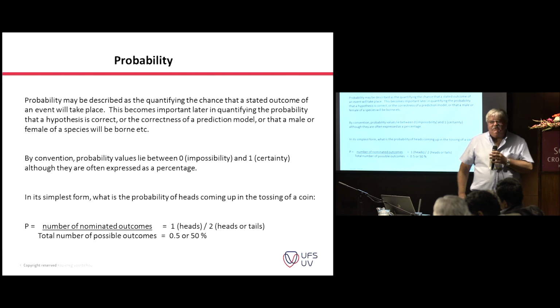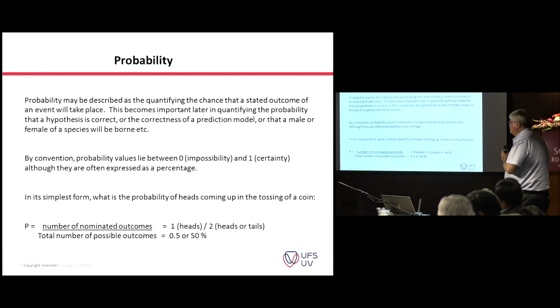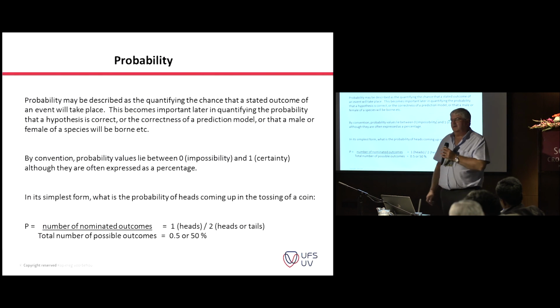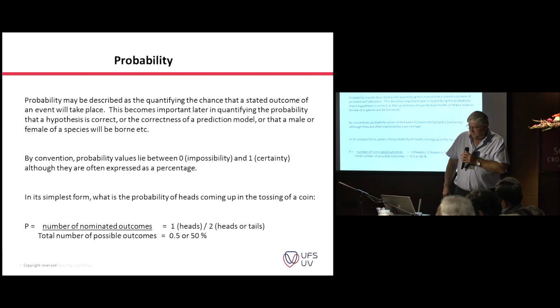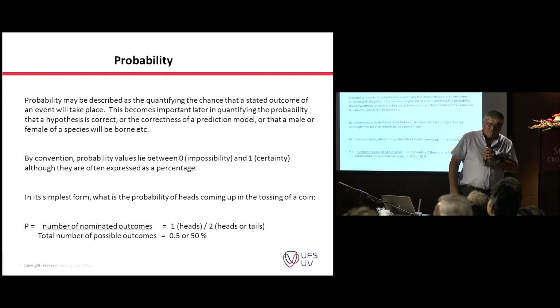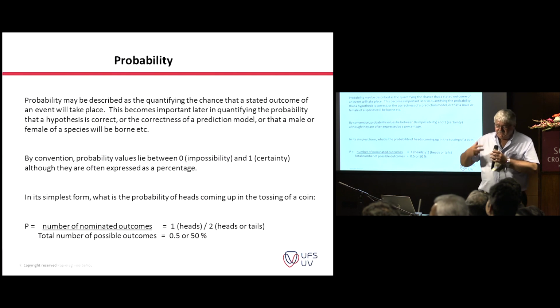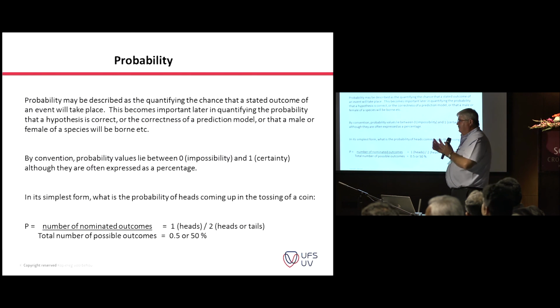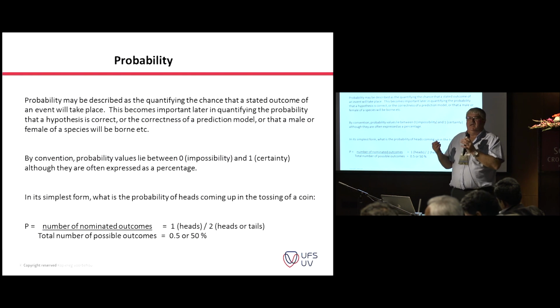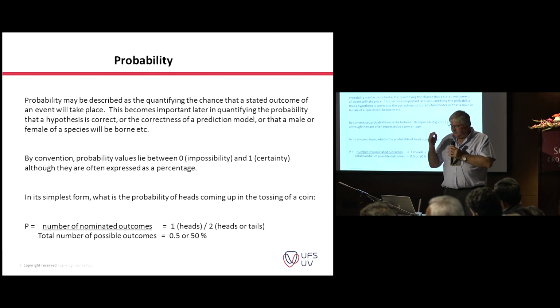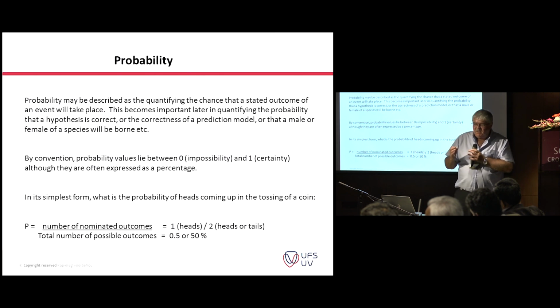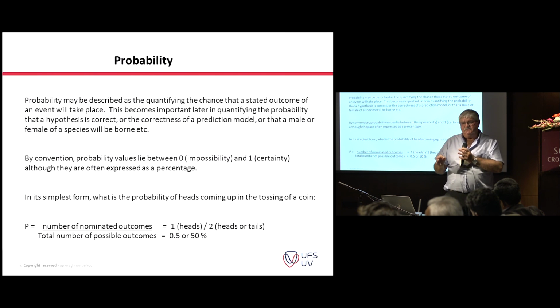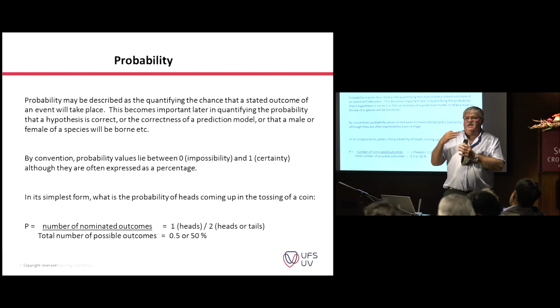In the notes here, you will see I have a note on probability, and I don't want to spend too much time on this. But one of the reasons that we work out variances, standard deviations, and so forth, is that we can compare populations and determine what the probability is that the populations are different, or the probability that my measurements are correct, and that sort of thing.